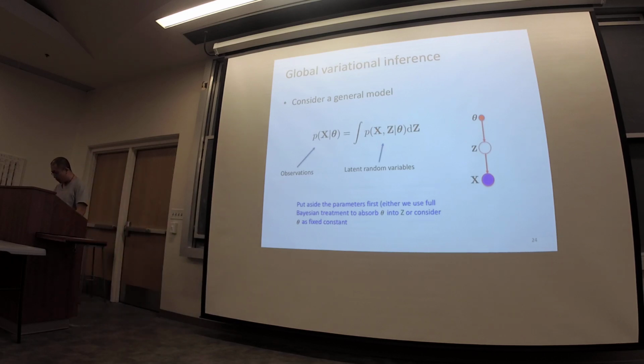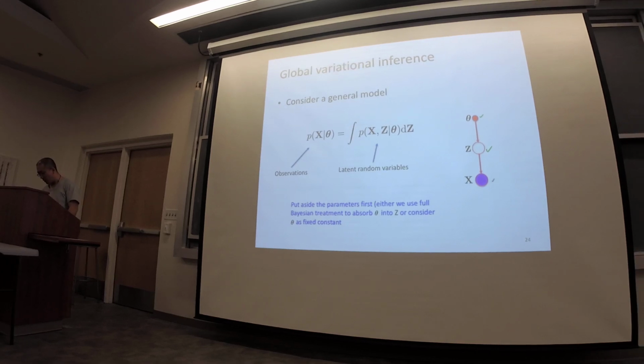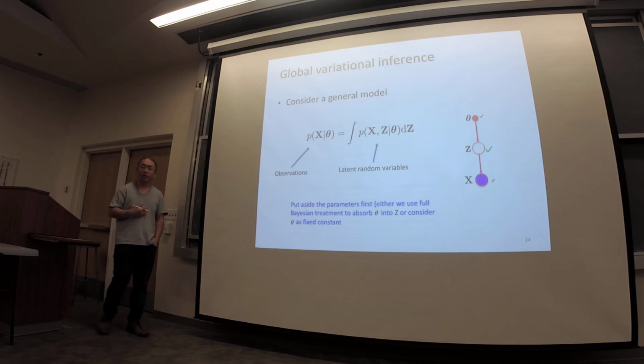Again, we assume this simple general model. We have this hyperparameter theta, which we do not care about the distribution of, so we consider it as a point. Given theta, we sample the latent random variable Z, and given Z, we sample the observed variables X. So both Z and X are random variables, and we care about their distributions.